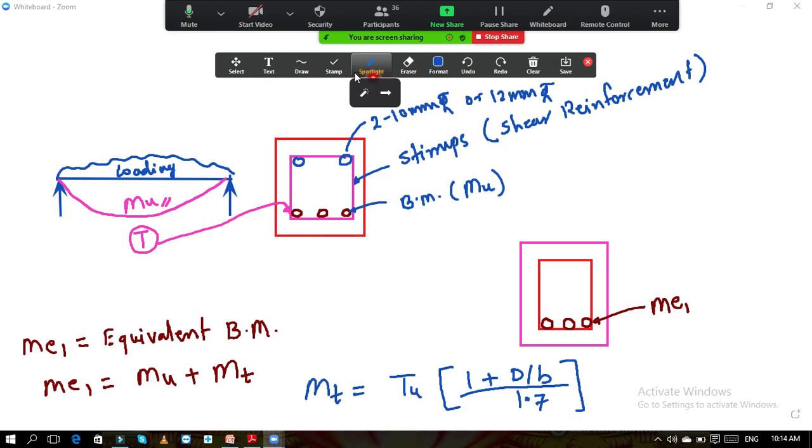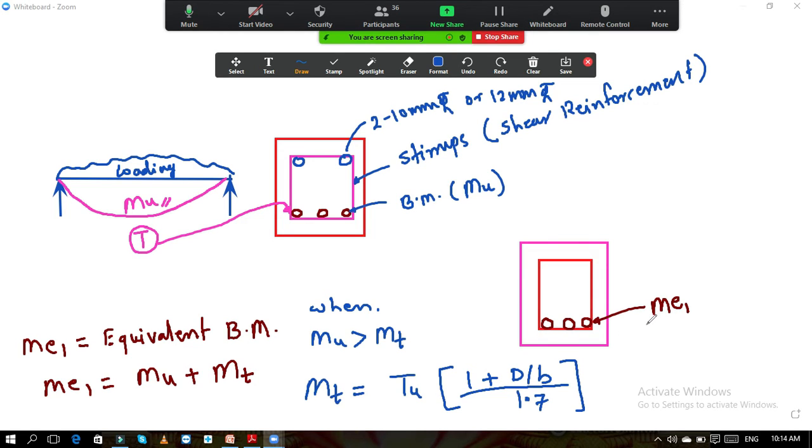Now this condition is valid when your Mu is greater than Mt. When this value of Mu is greater than Mt, then you only need to calculate the value of Me1, the sagging bending moment.